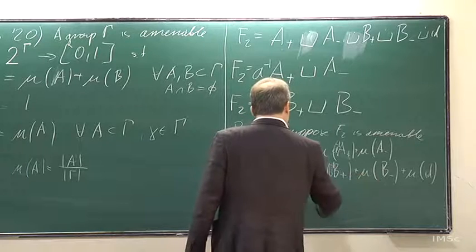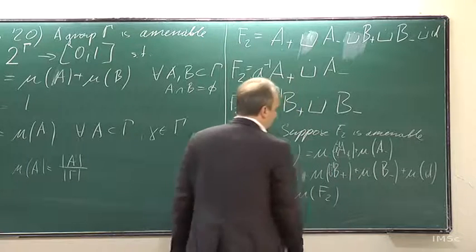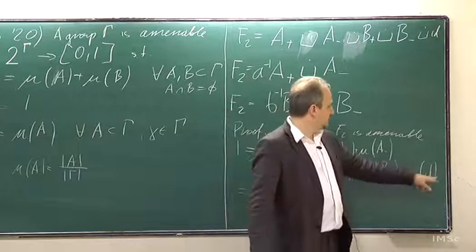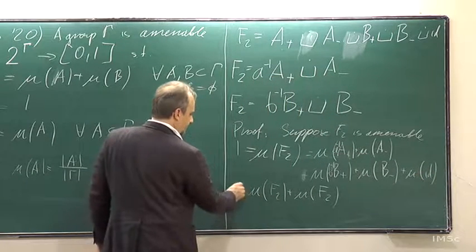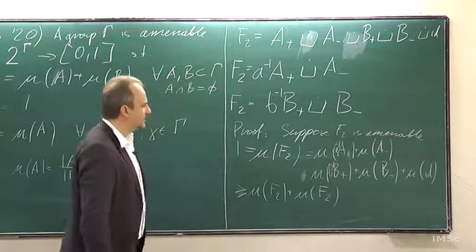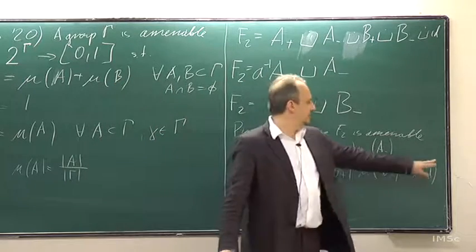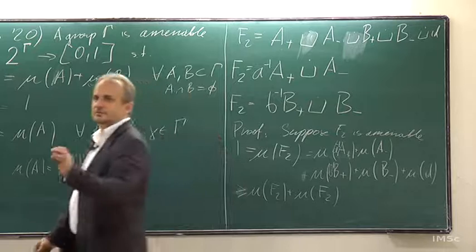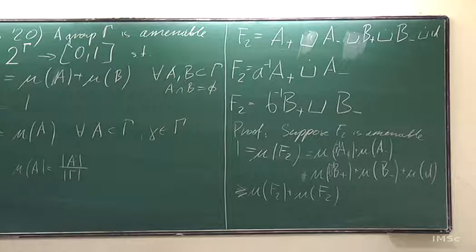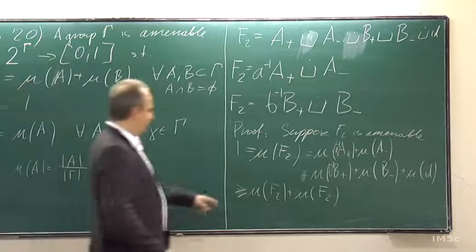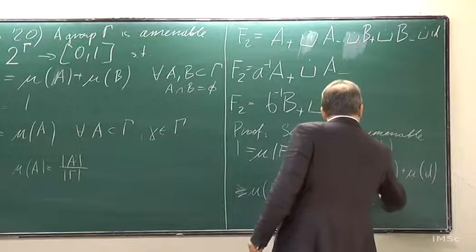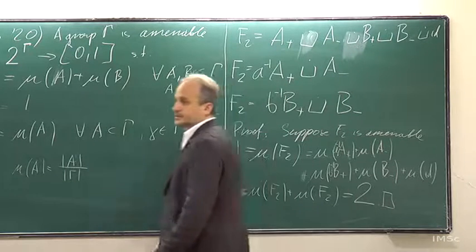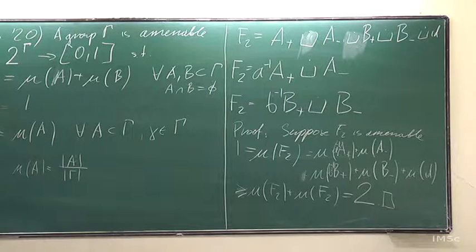The union of these 2 subsets is F2 again, and the measure of identity is non-negative, so it's greater or equal to 1. Actually, it's easy to see that the measure of a single element has to be 0 if the group is infinite. But anyway, we obtain that 1 is greater or equal to 2. Okay, and that's the contradiction.